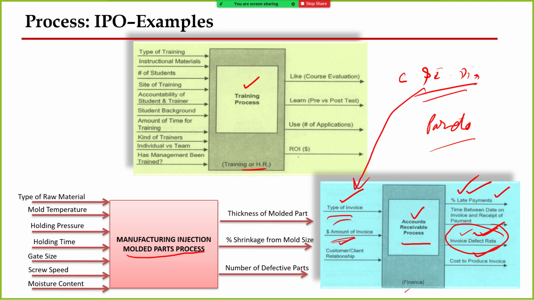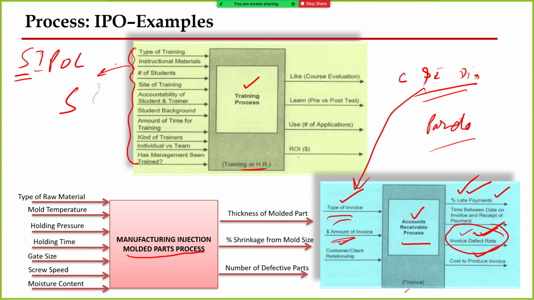So I hope you got the idea regarding the philosophy perspective. We can even extend this philosophy from the IPO diagram to the SIPOC diagram. That means where this input comes from, that is from the supplier, and we can identify which type of input comes from which supplier.